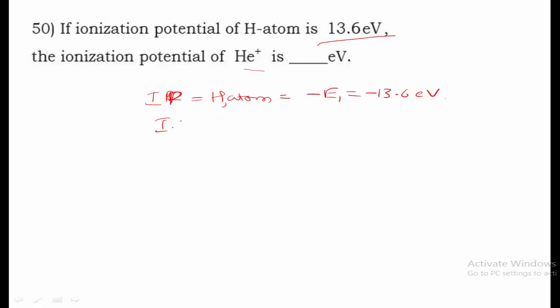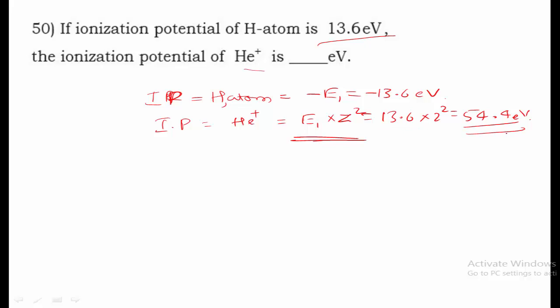And the ionization potential of the He+ ion is equal to E1 × Z², so 13.6 × 2² is equal to 54.4 electron volt. So remember this formula, E1 × Z². By using this, you can find the ionization potential.